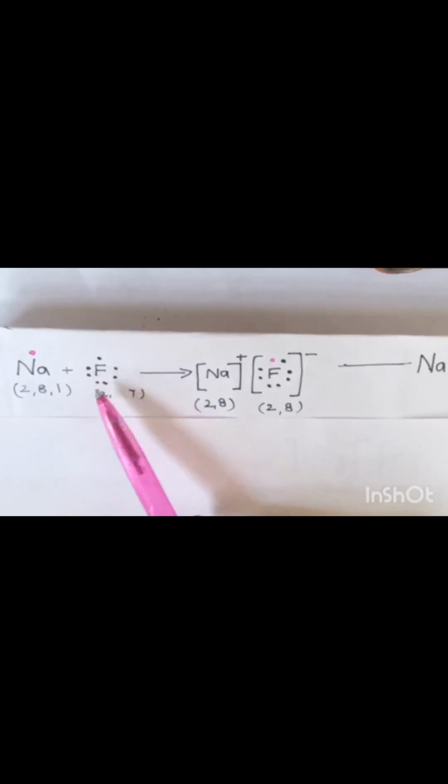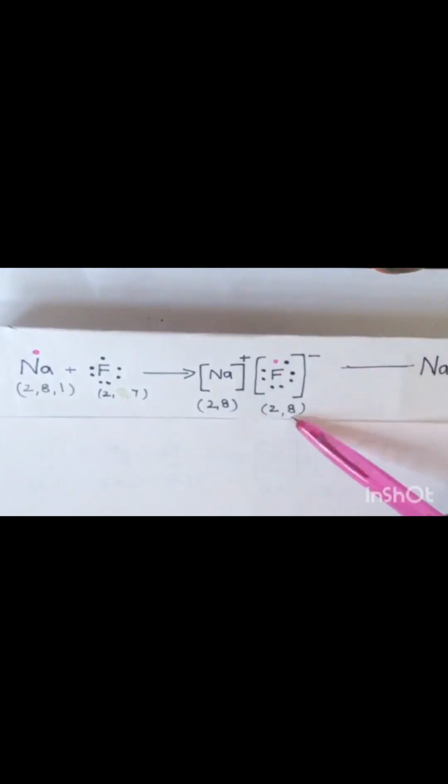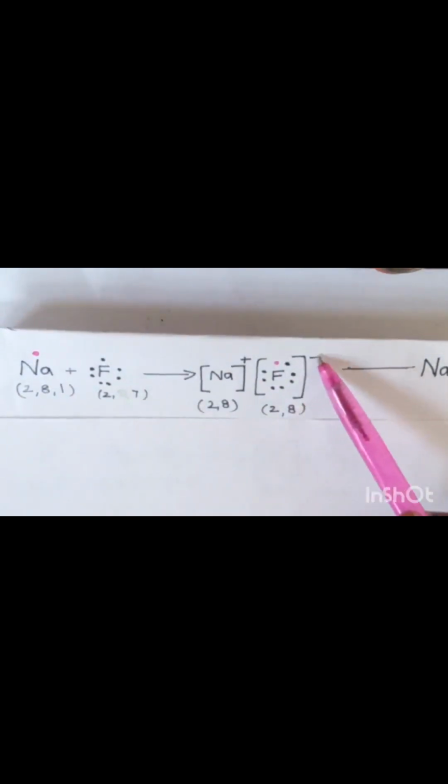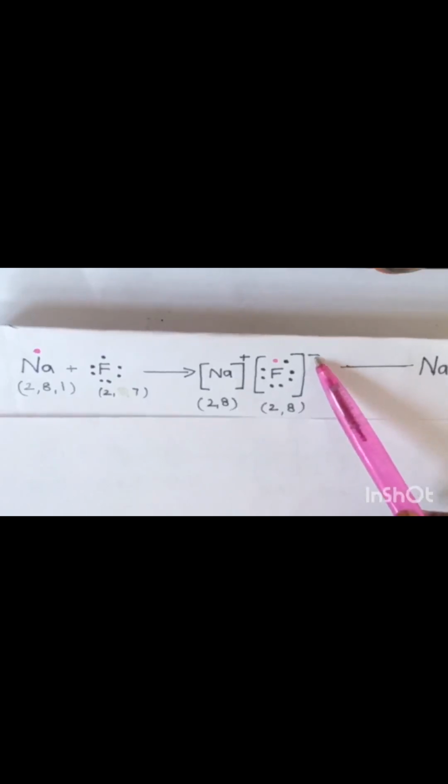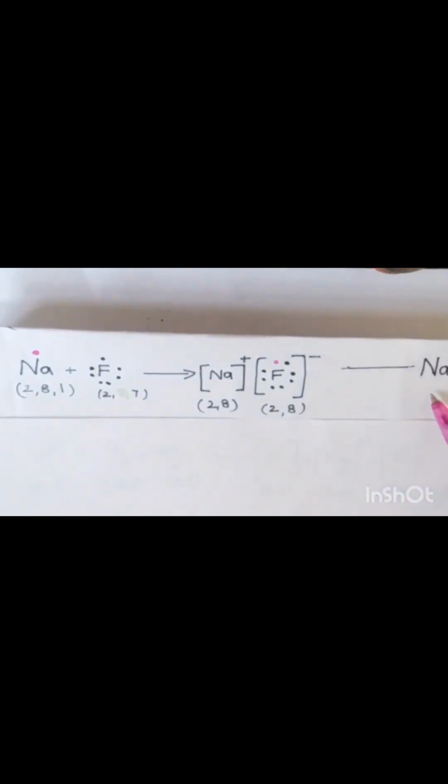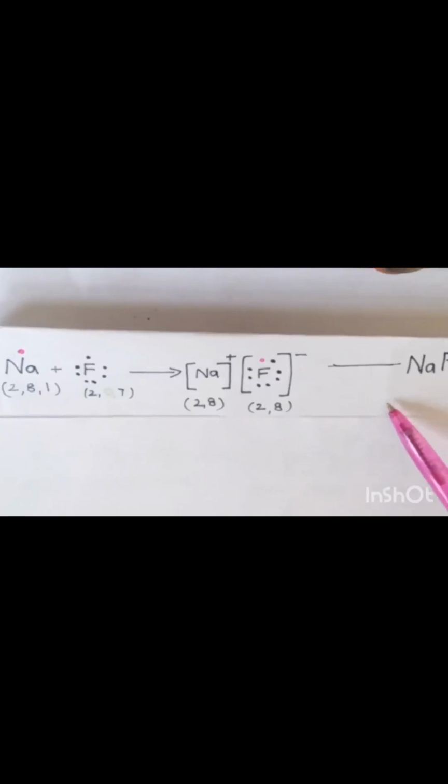To complete its octet, fluorine needs 1 more electron, so it can accept 1 electron from sodium. Sodium changes to Na plus, and fluorine accepts 1 electron from sodium, so it becomes a negatively charged ion. So we get the compound sodium fluoride.